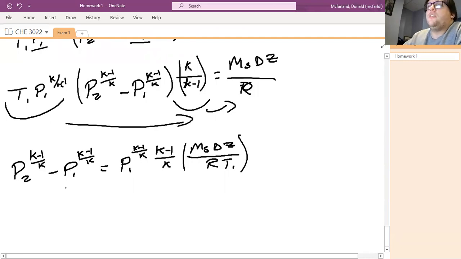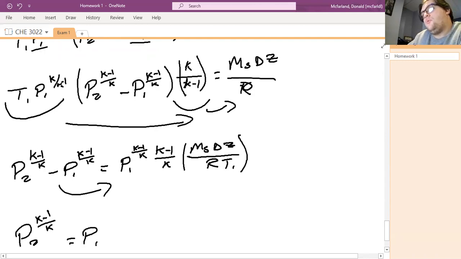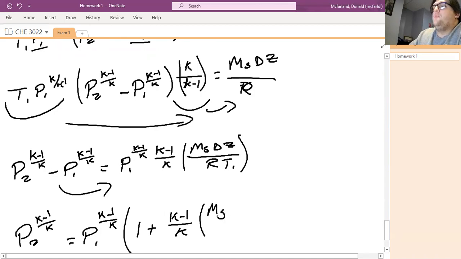So to get P2 by itself, we need to move this over here. So we're left with P2 to K minus 1 over K, which will be equal to P1 K minus 1 over K. We're going to go ahead and take that out just to make it easier to read. 1 plus K minus 1 over K times molar mass times acceleration due to gravity times the change in depth over the gas constant times the initial temperature.